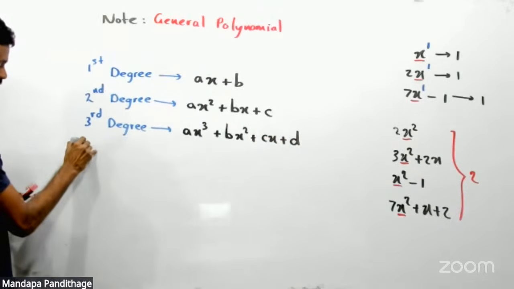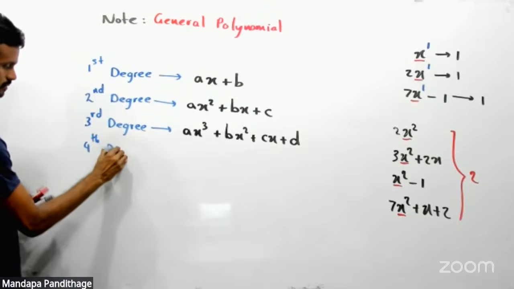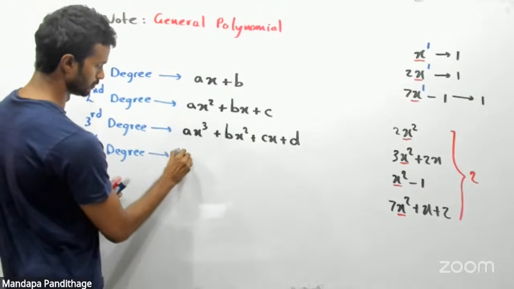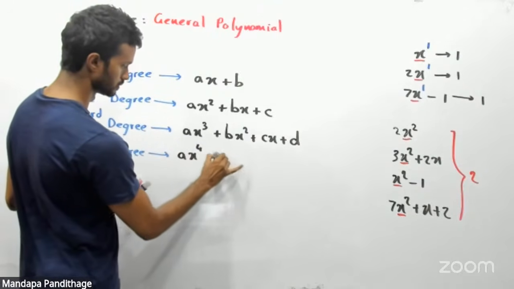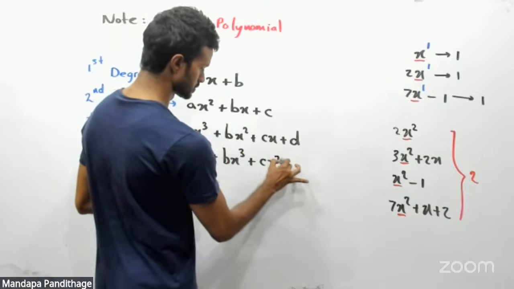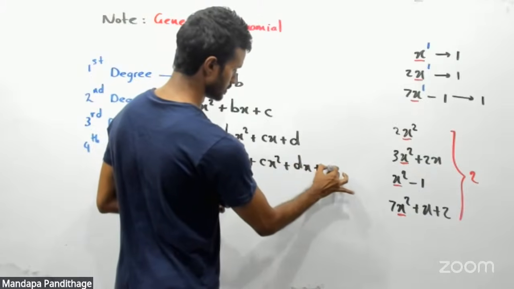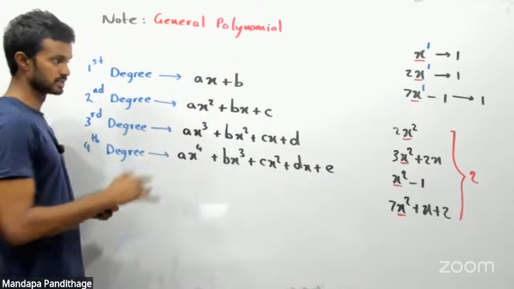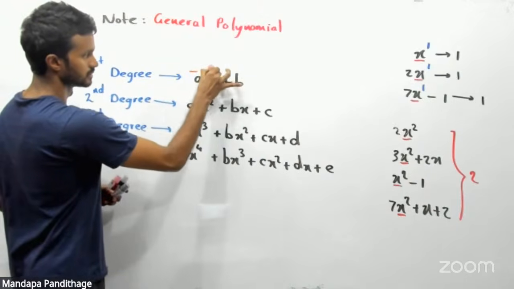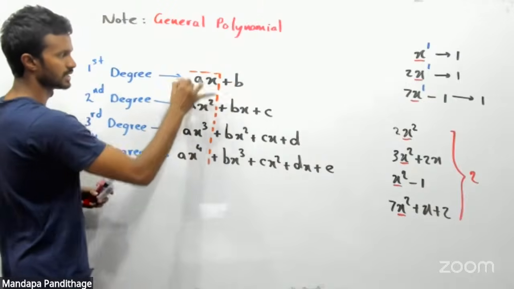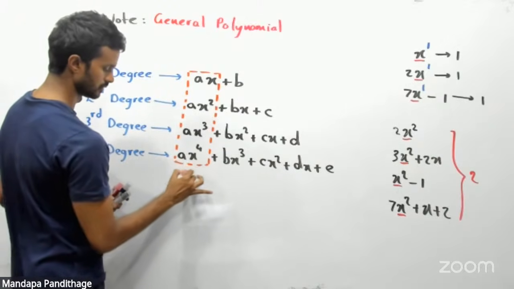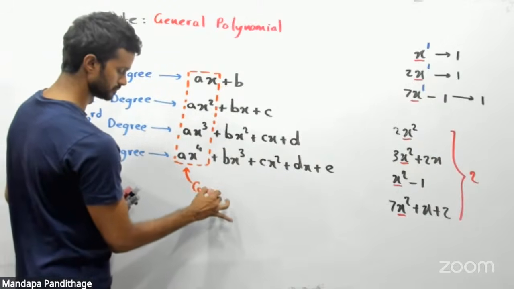And if I write the next one, the fourth degree polynomial, we have ax to the power 4, bx cube, cx squared plus dx plus e. Clear? So this is the compulsory term that should be there. Other terms can exist, but are not needed for sure.